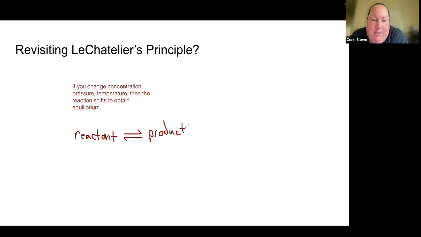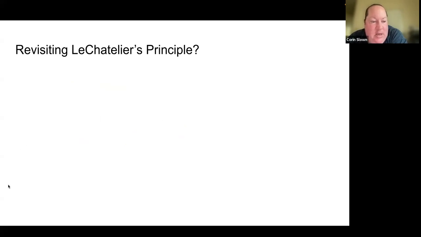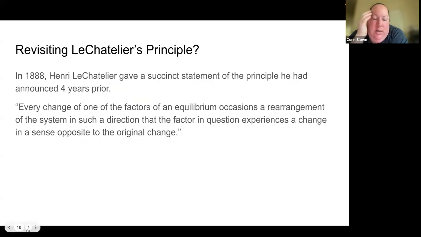If, as I'm forming my product, I take it away, then more of my reactant is going to shift to form product. So this is a way of saying that when you have a stimulus, there's a response to that stimulus.